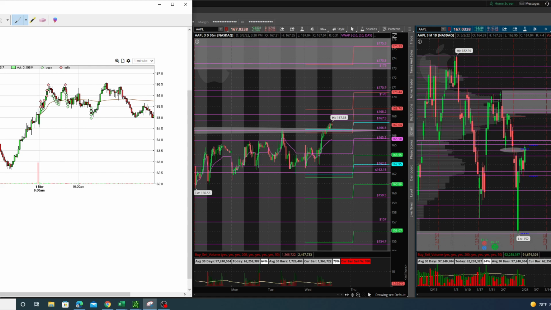So I scaled in 165.50, 165.75, 166, 166.25, and then eventually got to my full position size at 166.50, which was where I was originally looking to scale. As you can see, we immediately got some rejection off of the 166.50 level, where I again started taking profits down into where we got some support here at 165.50 originally.